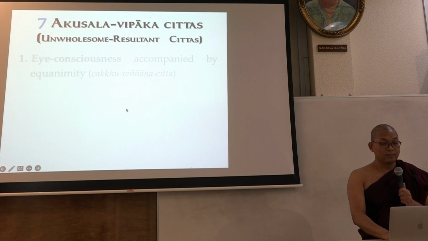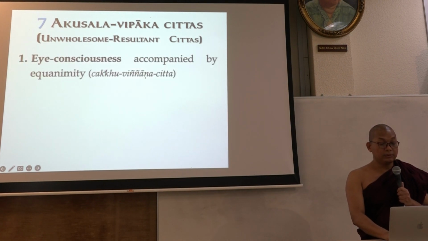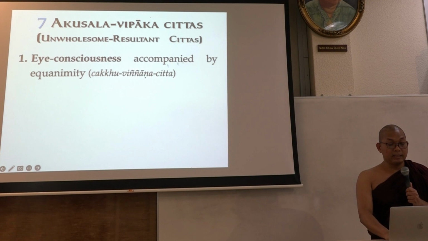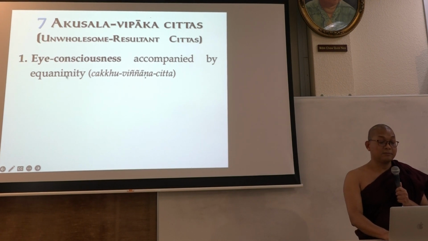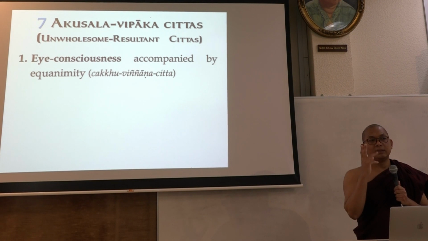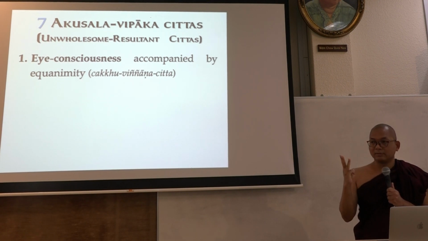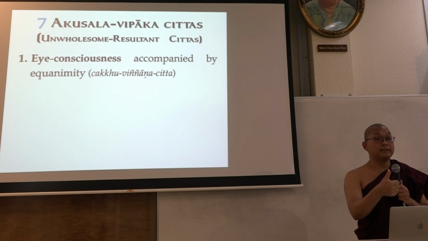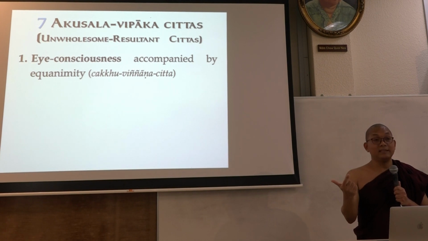So you can see that number one is consciousness accompanied by equanimity, neutral feeling. Here basically we have three types of feeling. Pleasant feeling, pleasant sensation: when you have it, you will be very excited, right? Another is unpleasant sensation, unpleasant feeling: then your mind is also very active.